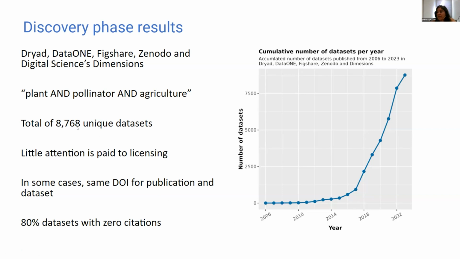And the first finding that we had is that we found about 8,700 unique data sets in these main repositories, and it's been increasing in the last few years. So if we think about the FAIR principles, you can see more in detail in the report, but the most frequently used license is CC BY.